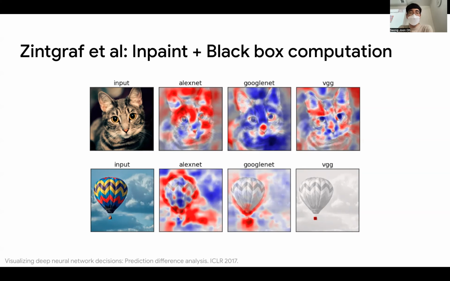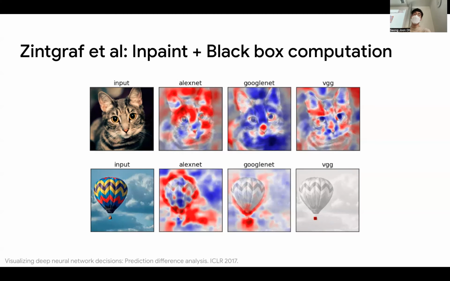Yeah, it looks very hard to interpret because, let's say for GoogleNet, we are actually not seeing much contribution from the inner part of this balloon for the prediction. I guess the class was this balloon, right? So it's hard for me to say.